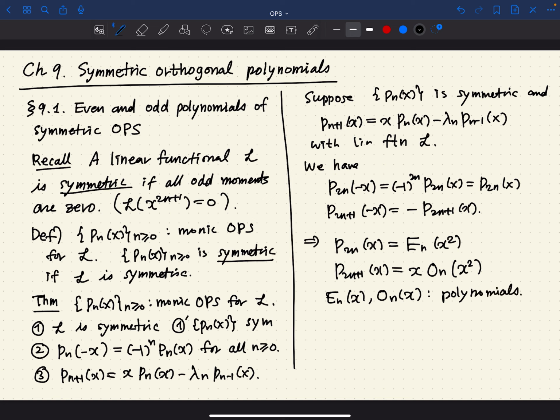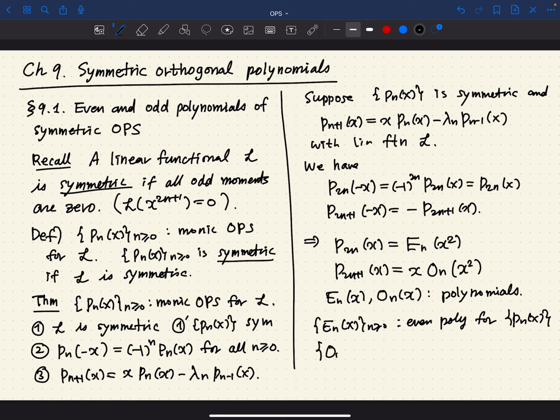Okay, so we can write it this way, and we say that this polynomial sequence E_n are called even polynomials for this P_n.